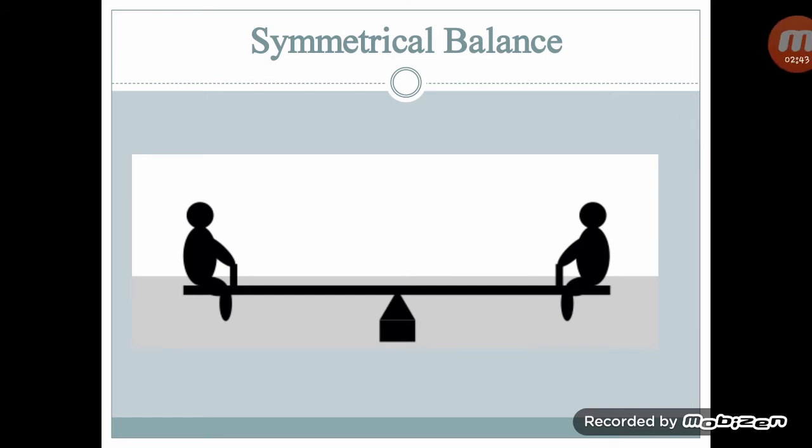Symmetrical balance is when elements on both sides of a central line appear to be about equal. The objects of the two sides have the same attraction. This kind of balance gives a sense of dignity.